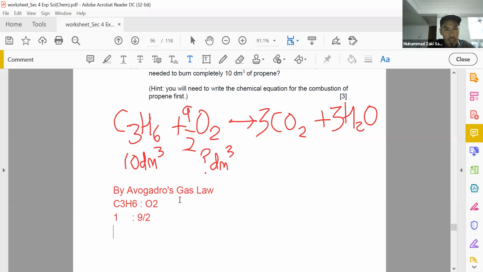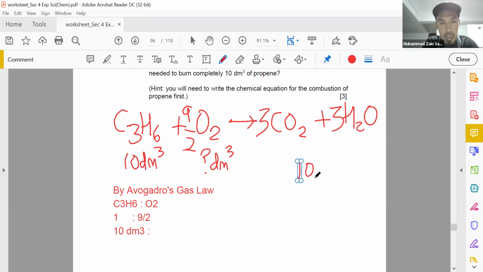So if you have 10 dm cube, you use the ratio. 10 times 9 over 2, and you divide by 1.